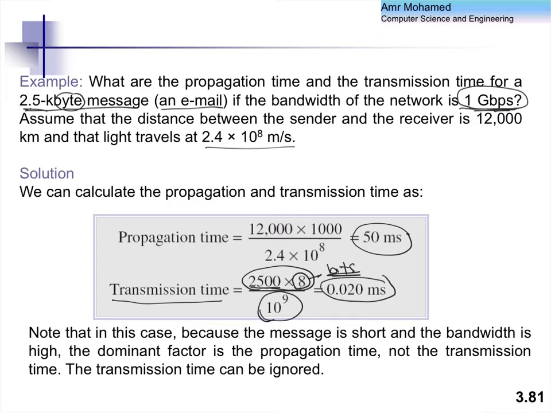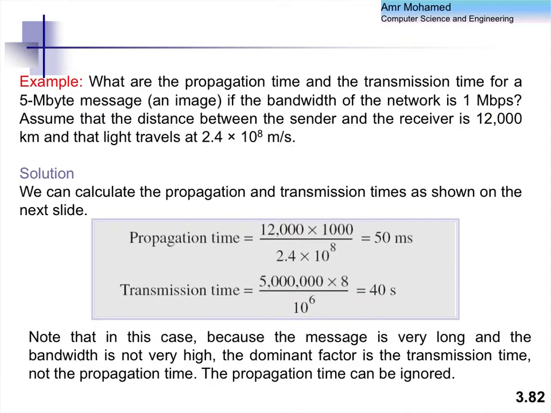The transmission time becomes 0.02 milliseconds, which is negligible. That's typically the scenario for undersea cables, where the distance is very large but the transmission delay is very low.